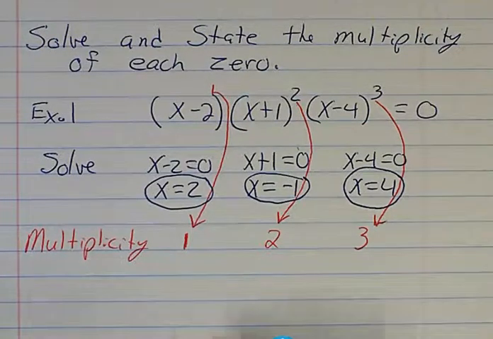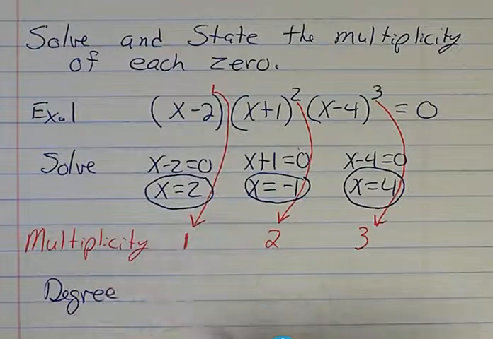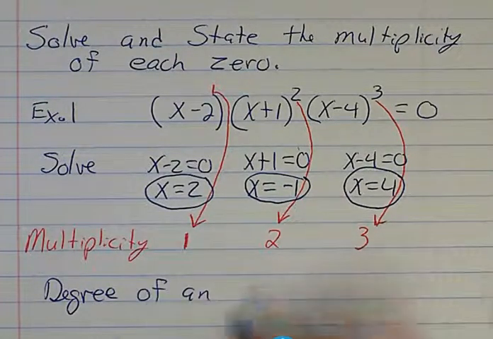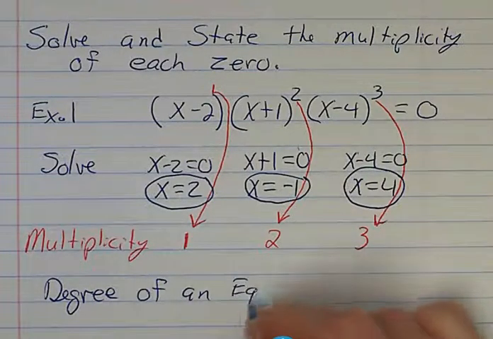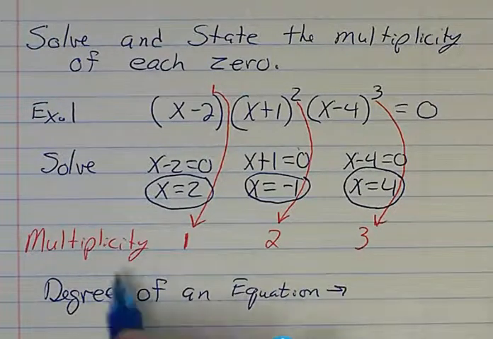Okay, and then the last thing with this one is to get the degree of whatever expressions you've got here, if that's an equation. You just add your multiplicities together.